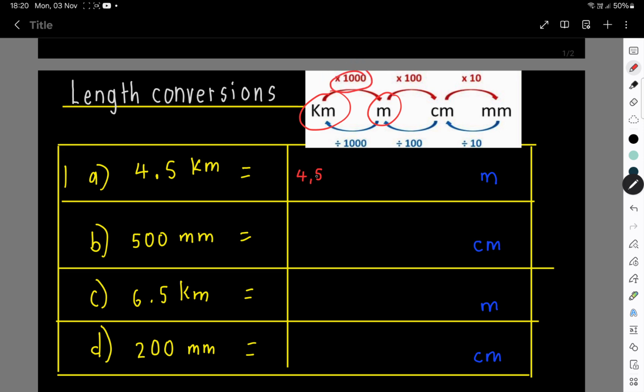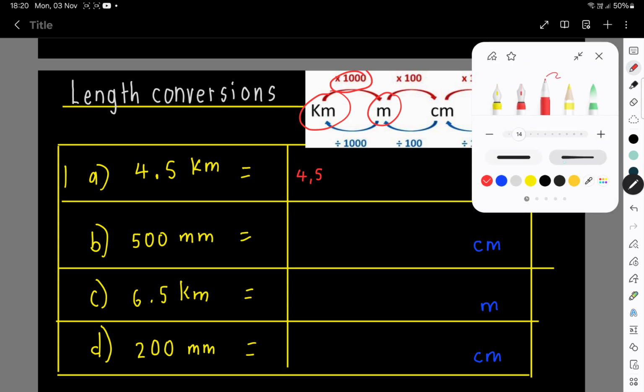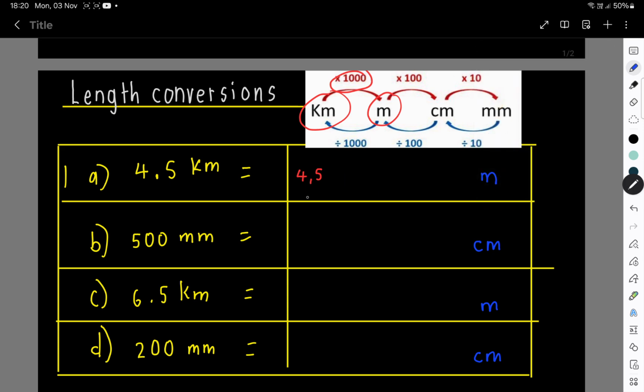So what's going to happen? You'll take your decimal point. I'll use a different color. That is your decimal point. What you will do is jump 1, 2, 3 times to your right, 3 times to your right, and then you will strike out the decimal point.